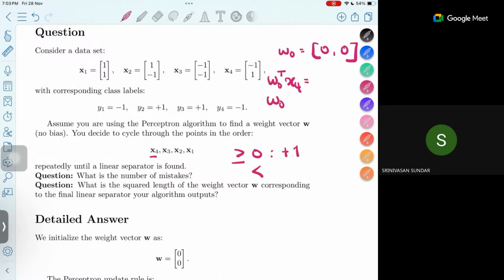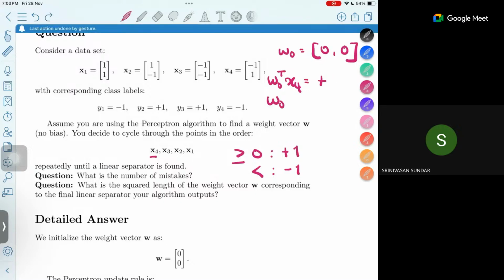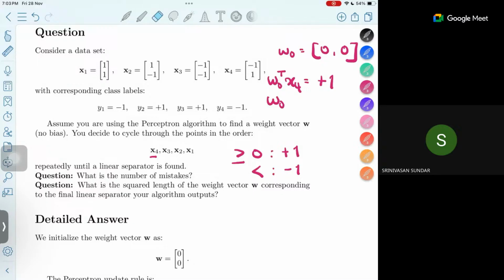Otherwise, I'll give the class -1. So this is going to classify every point as the +1 class. It makes a mistake on the very first point itself because we predict +1, whereas the true label y is actually -1. This is y hat, whereas the true label is -1. So in the very first iteration, perceptron has made a mistake.